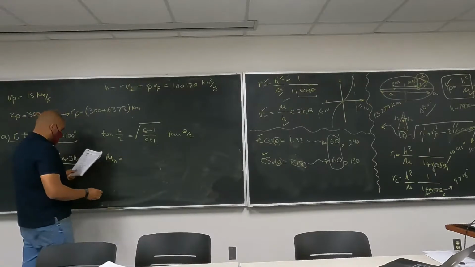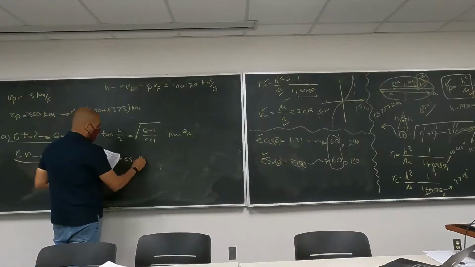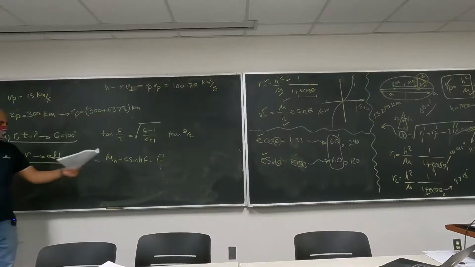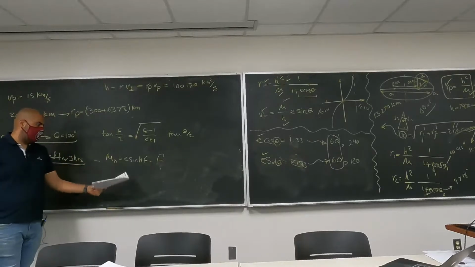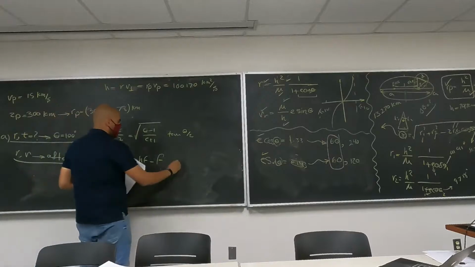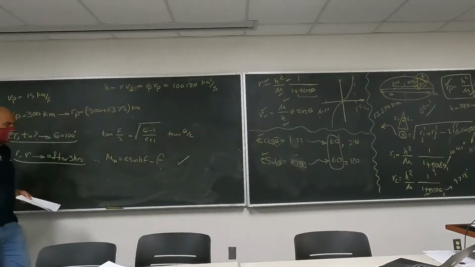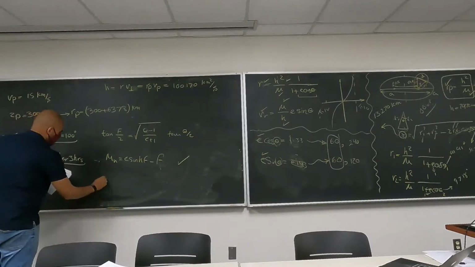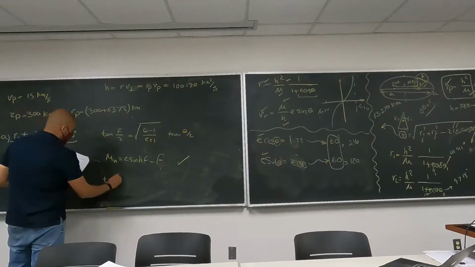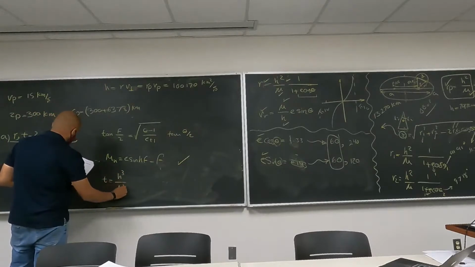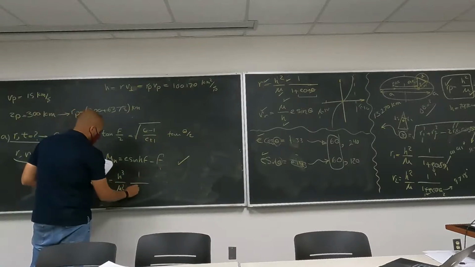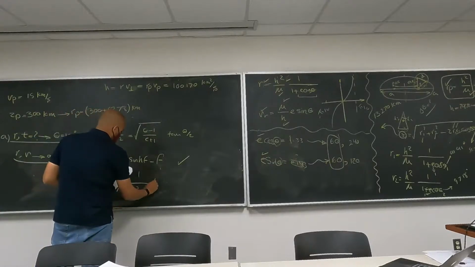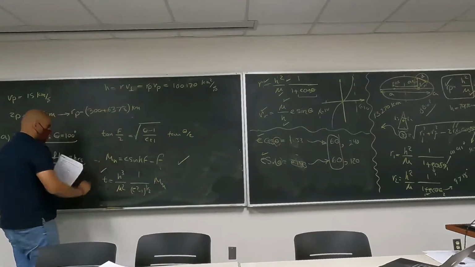M of h equals e hyperbolic sine of F minus F, right? Do we have the F? Yes. Plug it in, hyperbolic sine calculated. We have the e. We can find the mean anomaly of the hyperbola. Then we had the relationship between the time and the mean anomaly. t would have been h cubed over mu squared times 1 over e squared minus 1 to the 3 by 2 times M of h. You have calculated time here.